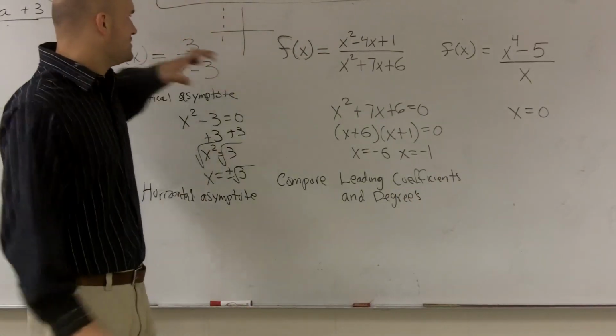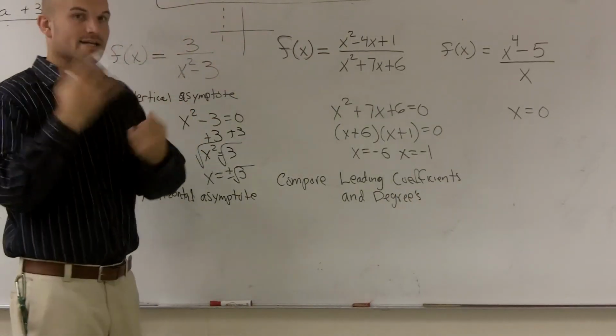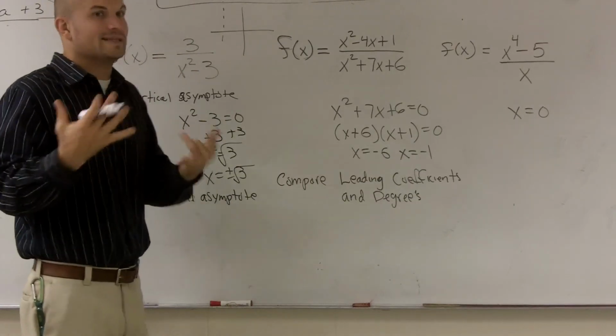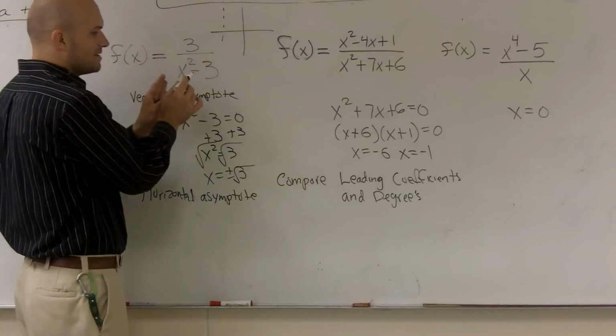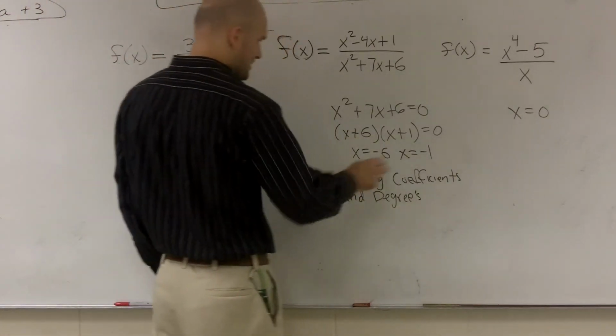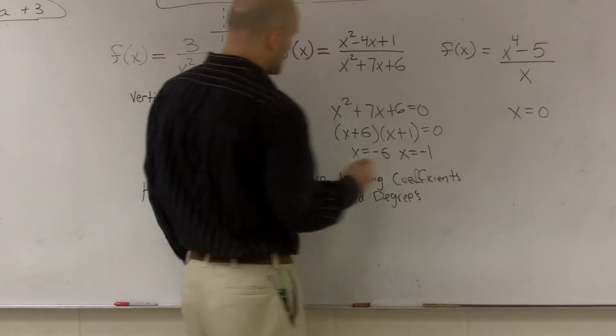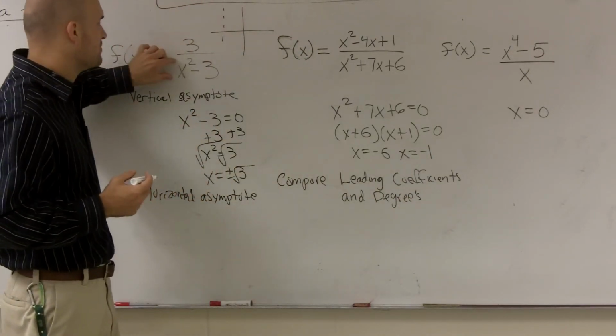So when you look at each one of these problems, we need to look at the leading coefficient and the degree of the leading term of each polynomial, the top and the bottom. So you compare leading coefficients and degrees for the polynomial up top and the polynomial at the bottom.